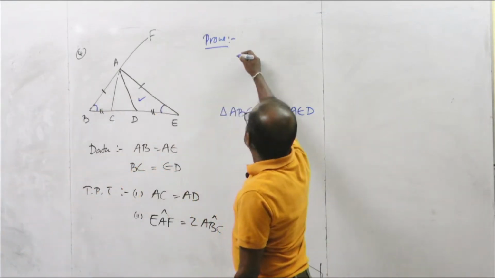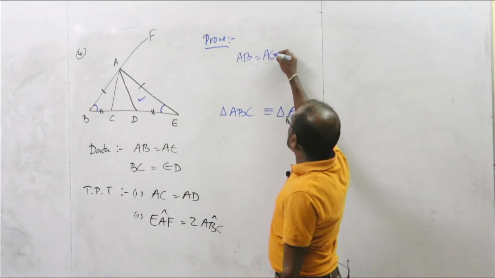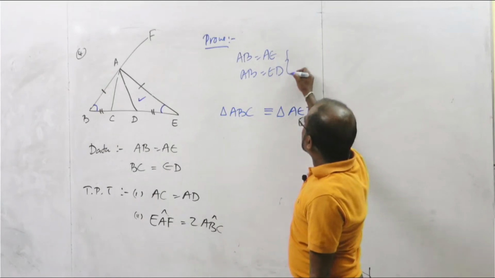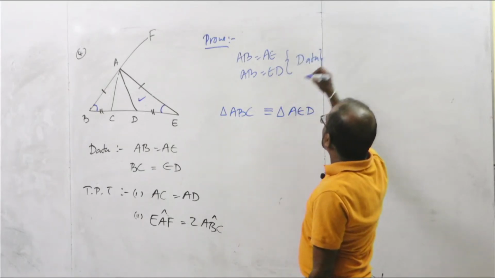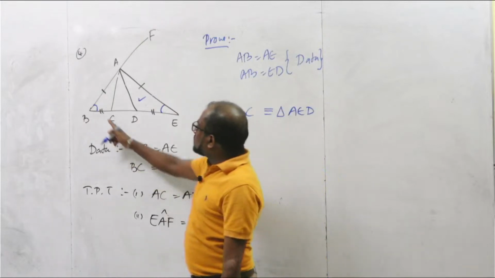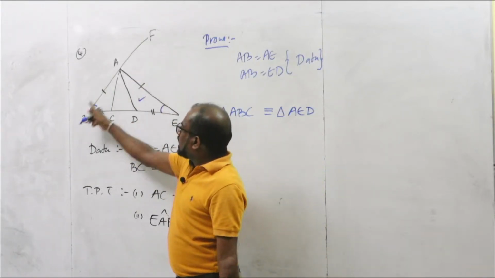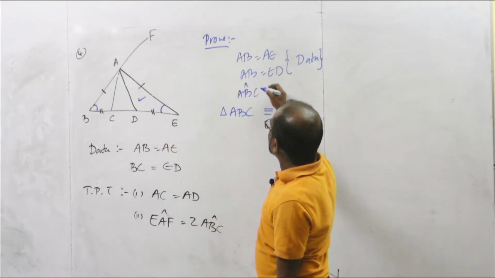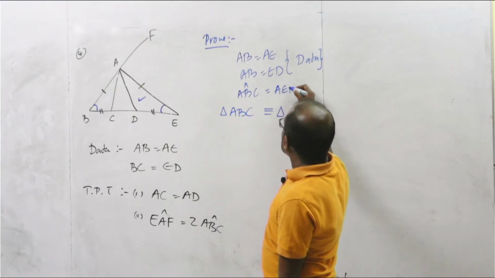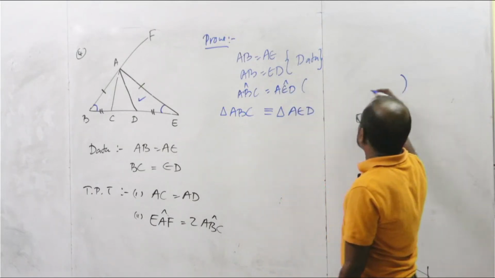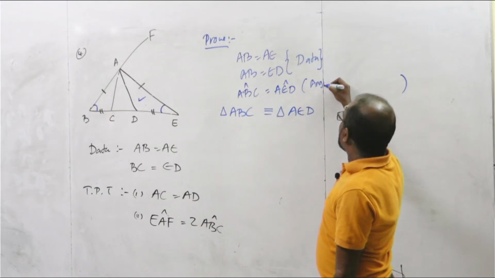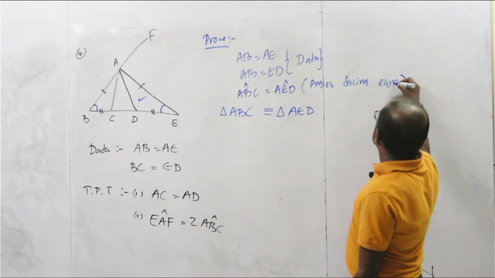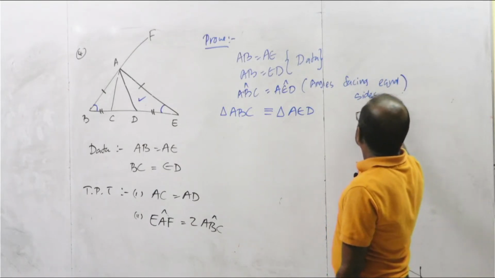Look, AB equals AE, BC equals ED, for these two reasons. Then these two angles are equal. For the angle equality, what reason? ABC angle is equal to AED angle. Angles facing equal sides, right?